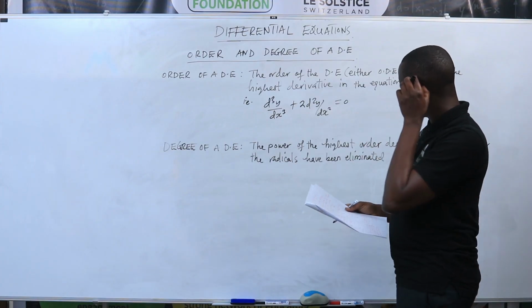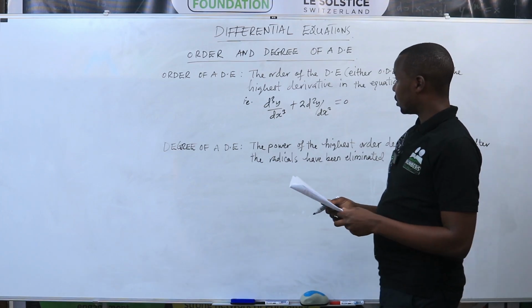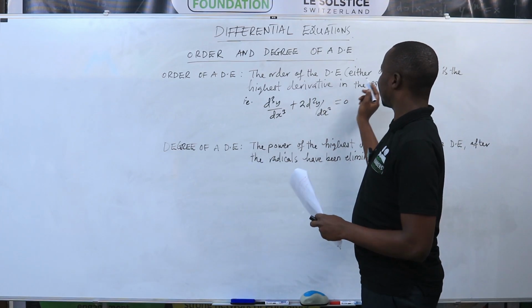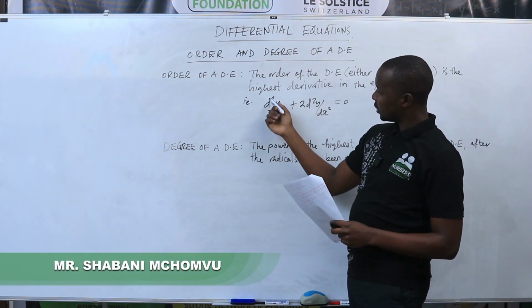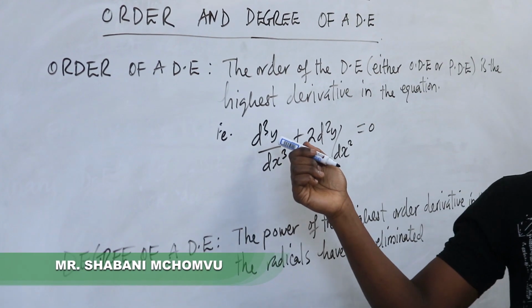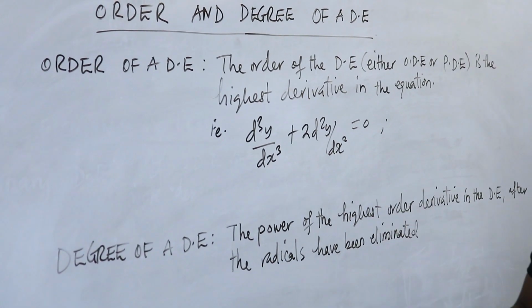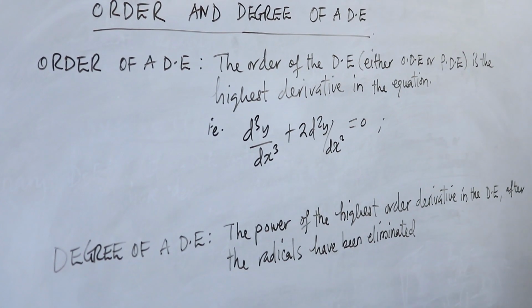That is an ordinary differential equation. The order here is the highest derivative reached, and the highest derivative reached is the third derivative. So we say this is a differential equation of order 3.